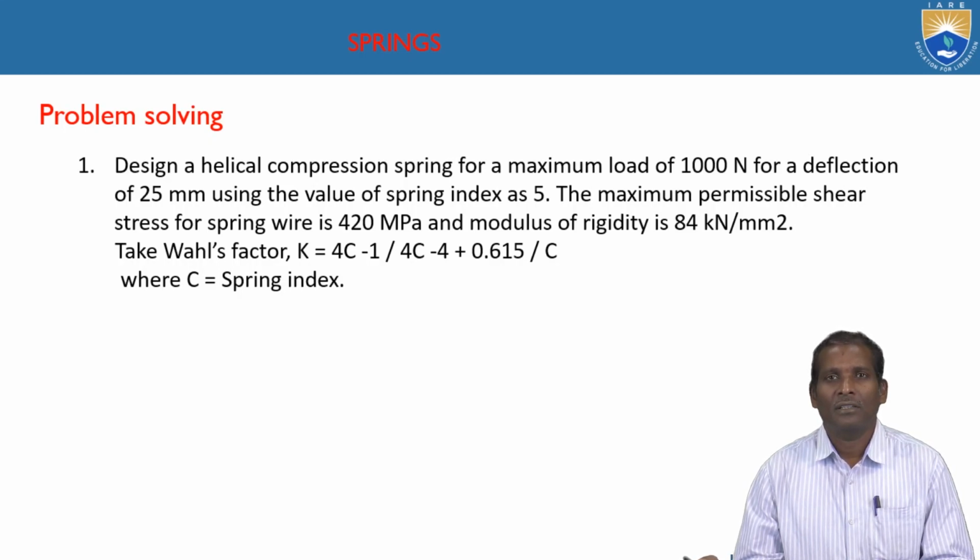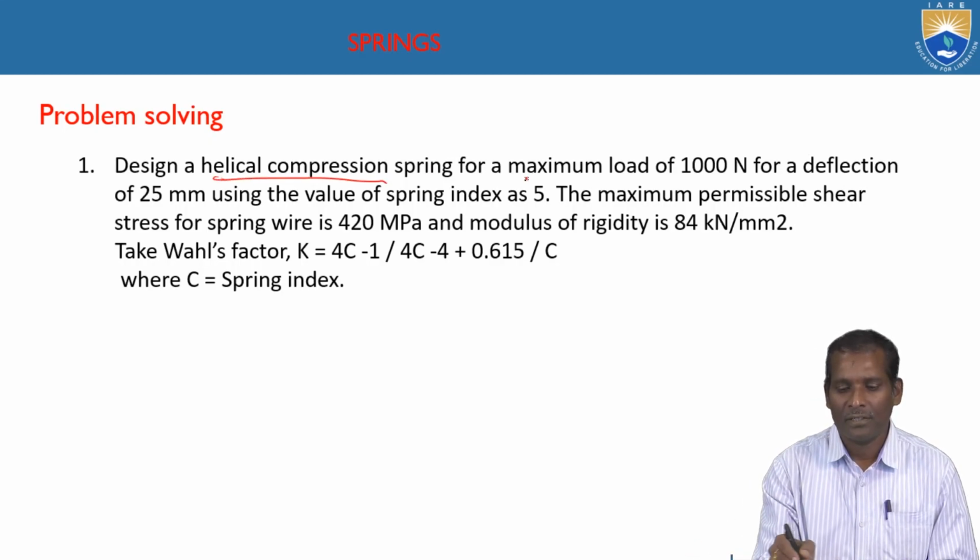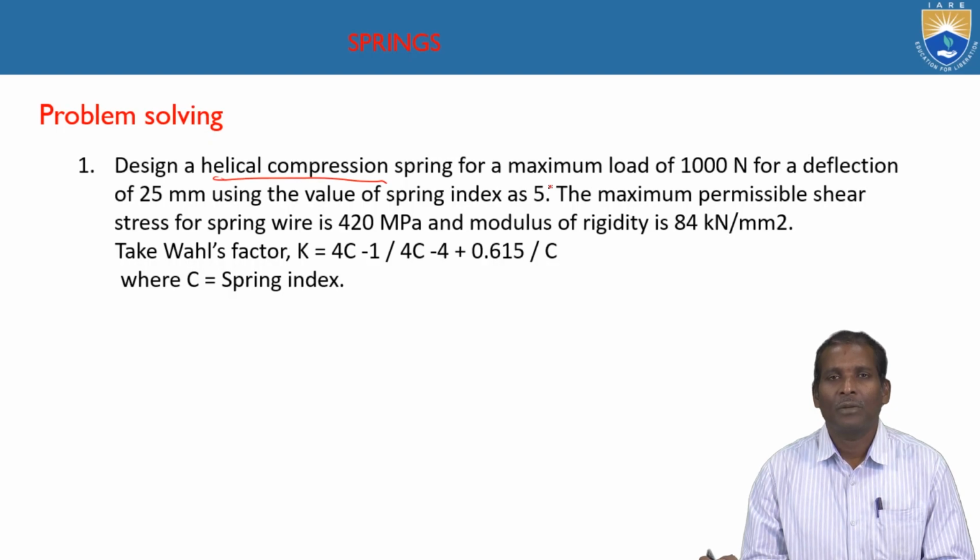Here the given problem is: design a helical compression spring for a maximum load of 1000 Newton for a deflection of 25 mm. So the given type of spring is a helical compression spring, and the load is 1000 Newton.